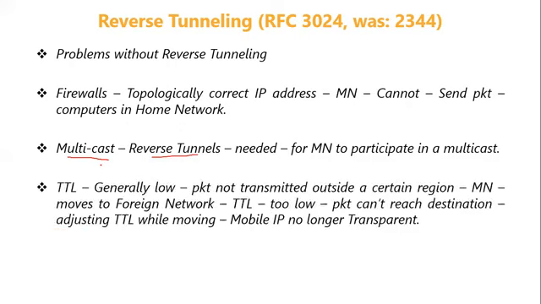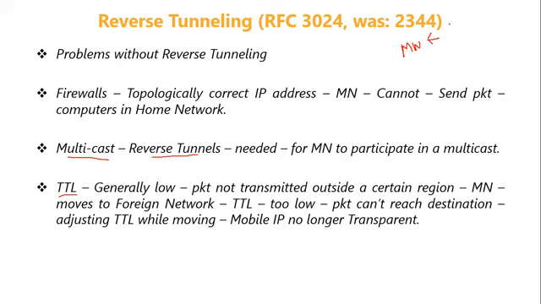The third reason is, every packet will have a TTL, time to live field. So assume currently the mobile node is in the home network. The mobile node's default location is the home network.